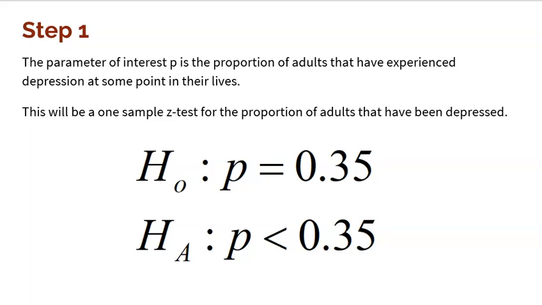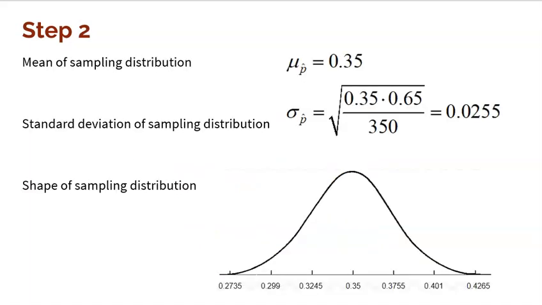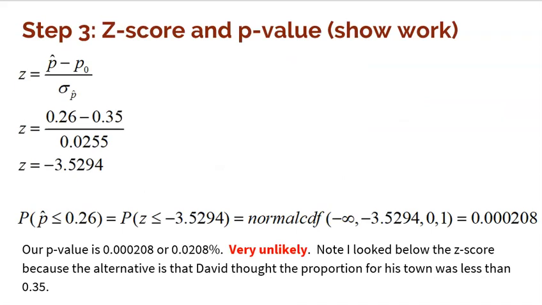That's what David believes. Step two, build that sampling distribution on the assumption that the null is true, on the assumption that 35% is true. Then look at our sample. Remember, David's sample came back at 0.26, 26%. So we find the z-score, very low, negative 3.5294.